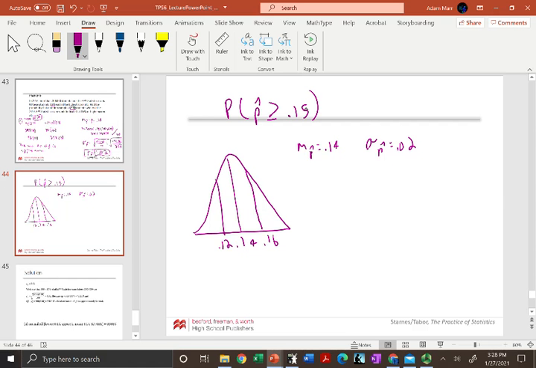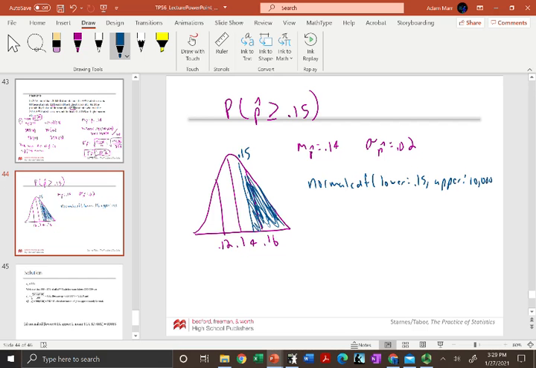We're trying to find greater than or equal to 0.15, so 0.15 is right there, and greater than or equal to is this region. We'll say normalcdf. Lower is going to be 0.15, upper is going to be 10,000, mean is going to be 0.14, and the standard deviation is 0.02.